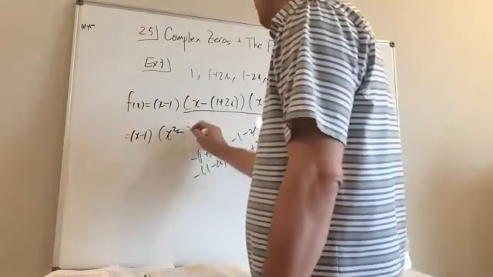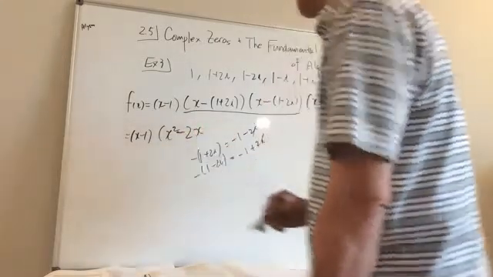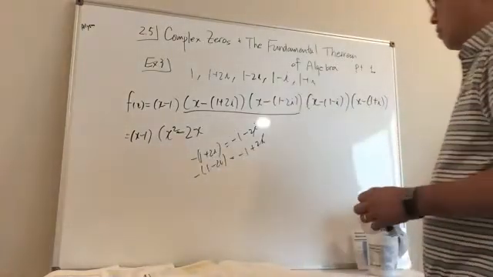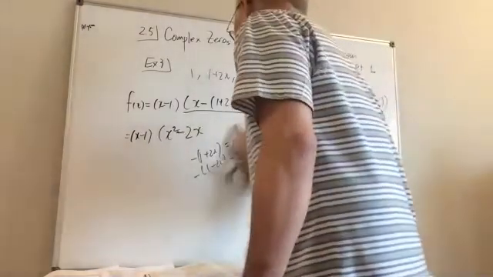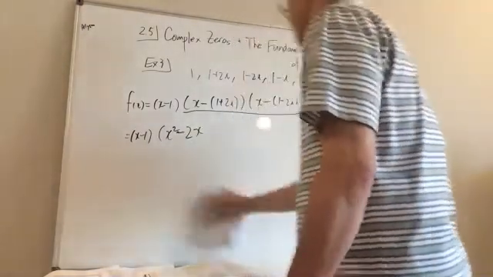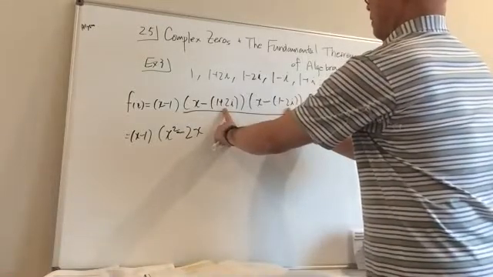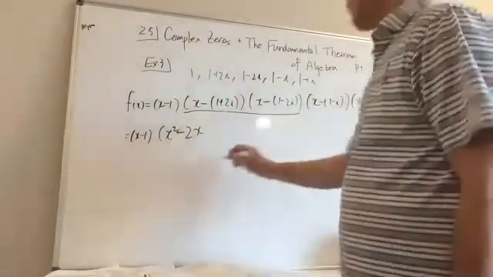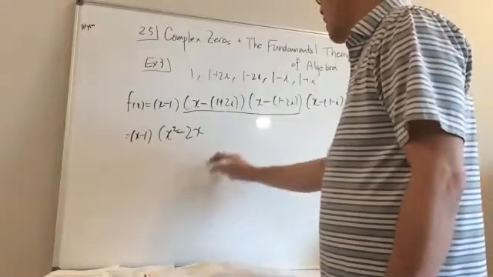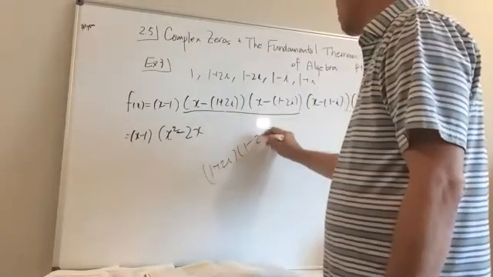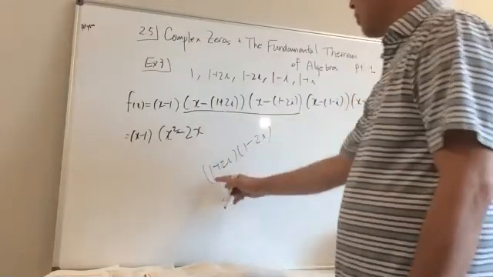So negative 2x, right? And then I'm going to multiply the constant part, this guy with this guy. Okay? So then I get 1 plus 2i times 1 minus 2i, which is going to be equal to 1.